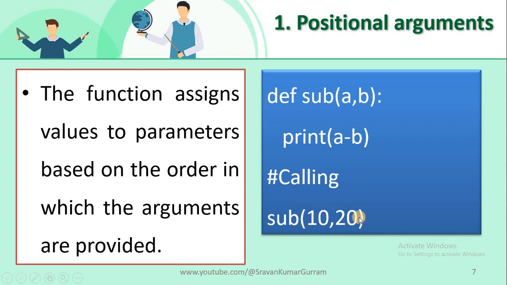Now we are passing 2 values, 10 and 20. Here the order, the position, is very important. The first position value will be assigned to the first position parameter, and the second position argument value will be assigned to the second position formal argument or parameter. So finally 10 will be assigned to a and 20 will be assigned to b. This is how positional arguments work.